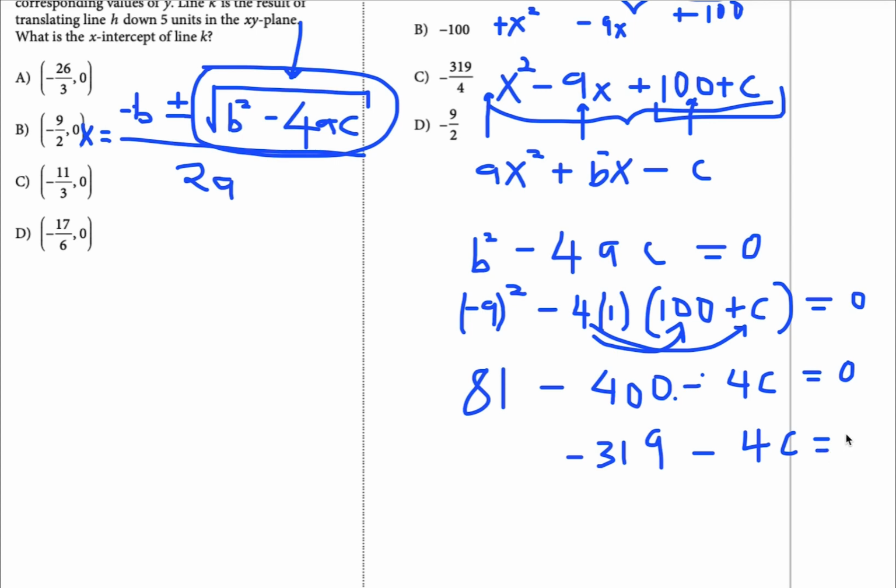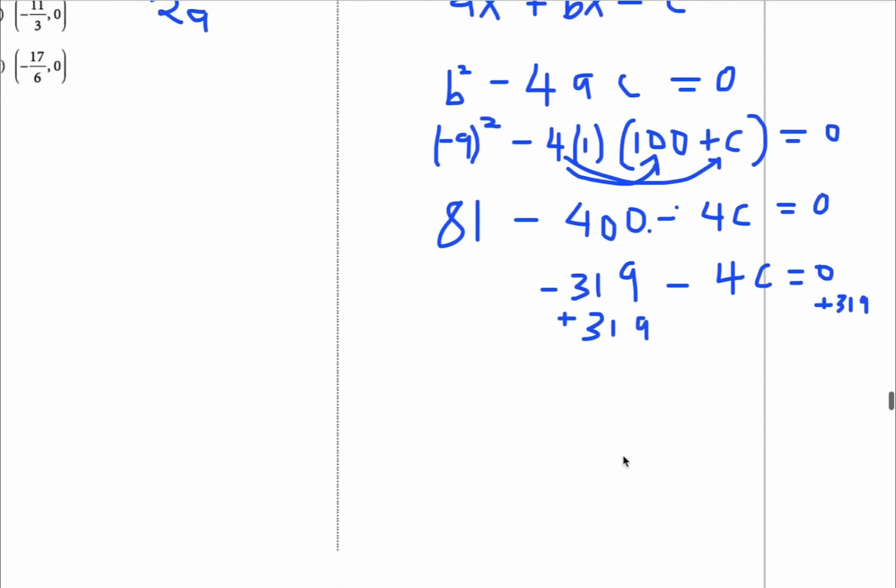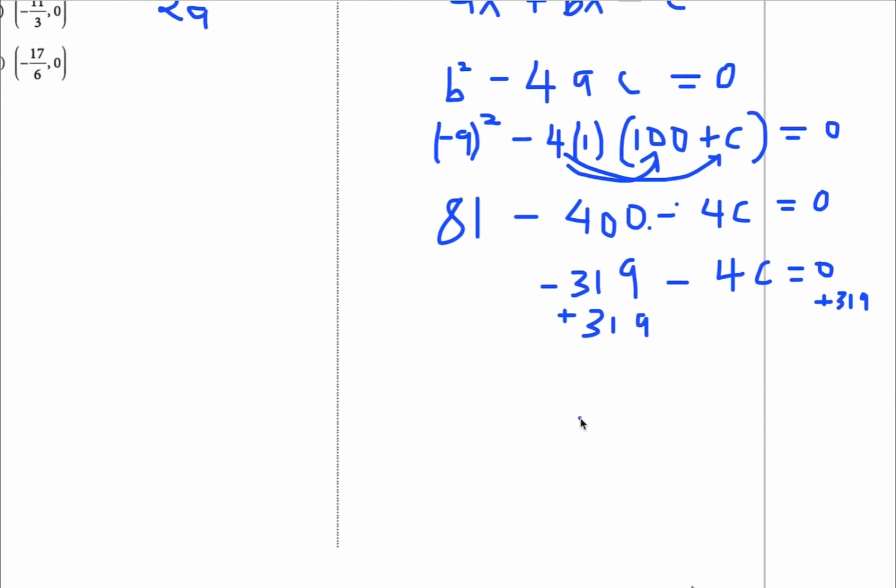Now if we want to solve for c, we just need to add the 319 to both sides of the equation to get rid of it on the left side, and do the same for the right side. So now the equation looks like negative 4c is equal to positive 319.